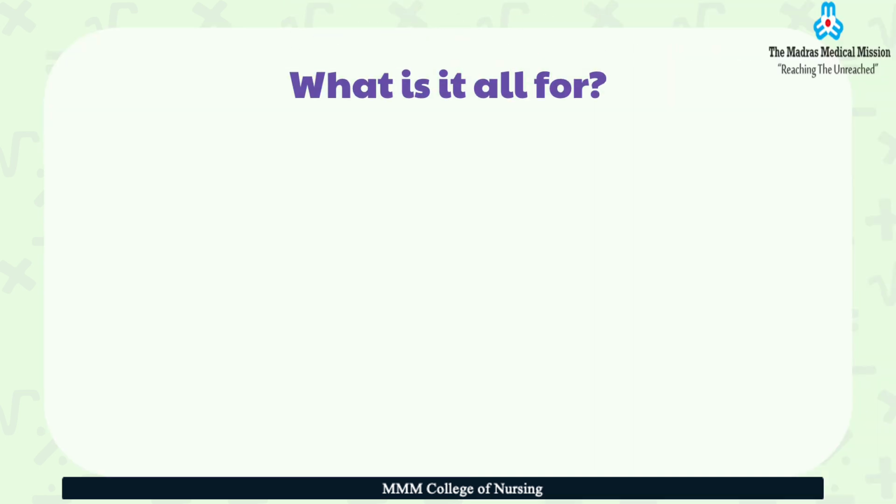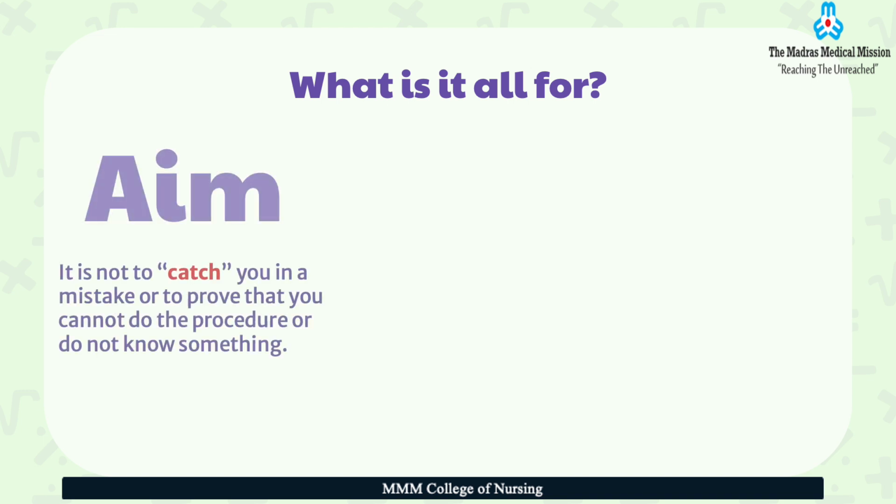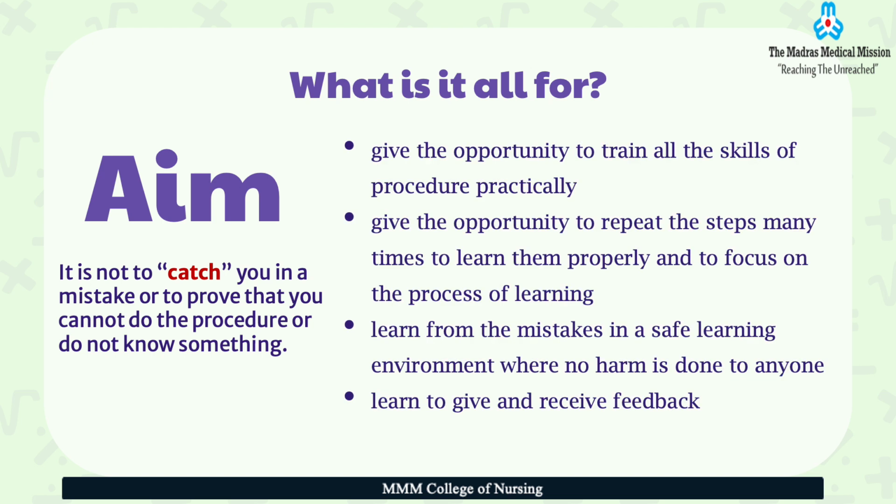Now, let's learn why simulation is done and what it is done for. The aim of simulation is not to catch the learner in a mistake or to prove that the learner cannot do the procedure or does not know something, but it is to give the opportunity to train all the skills of the procedure practically and also to give the opportunity to repeat the steps as many times as necessary to learn them properly and to focus on the process of learning.